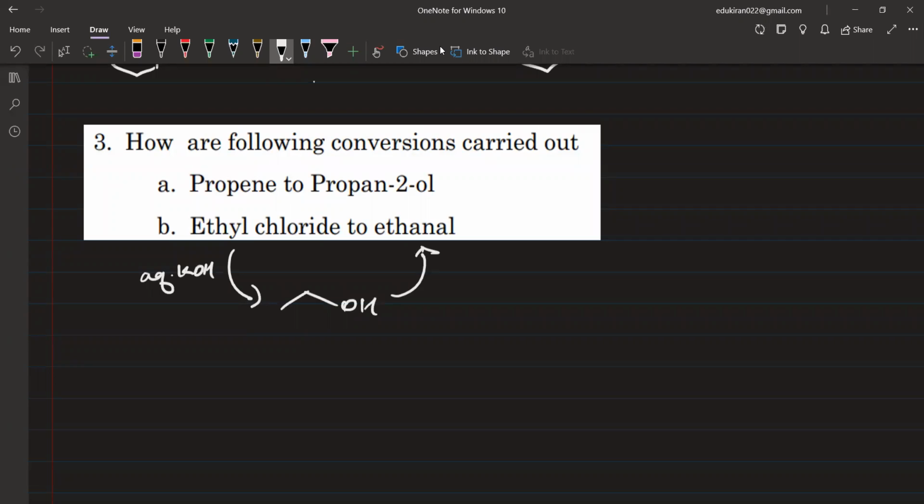You should remember it now. Then from alcohol to aldehyde, what do we use for oxidation of alcohols, if you want to stop at aldehyde? PCC. Correct. Very good. Nothing else.